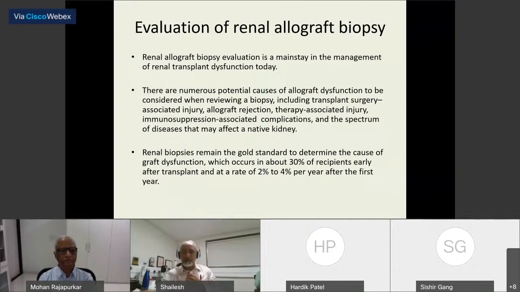There are many causes for allograft dysfunction to consider when reviewing the biopsy, including transplant surgery-associated injury, graft rejection, drug-related injury, immunosuppression-related injury, or infections. And renal biopsy is the gold standard for diagnosis of graft dysfunction.